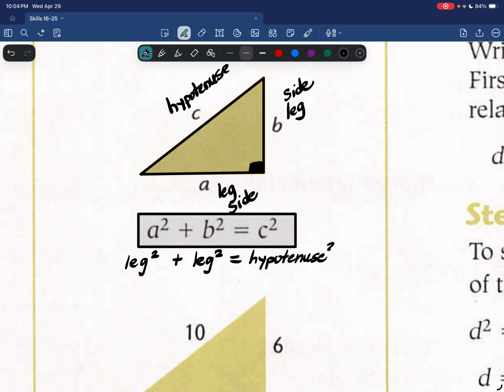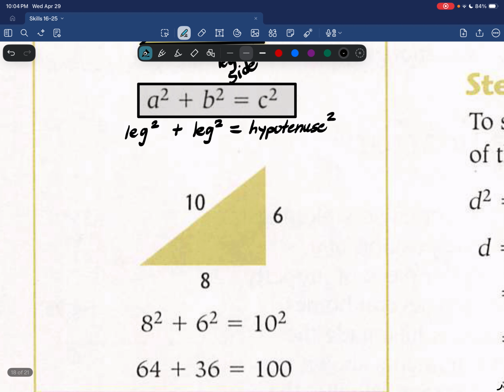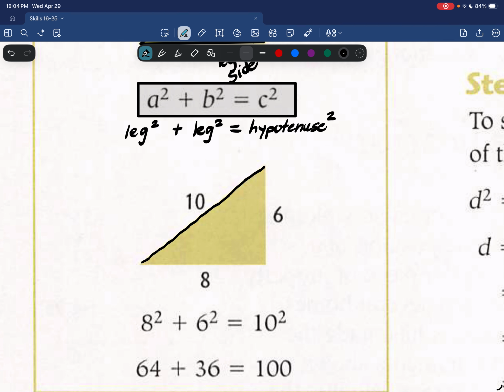And here's an example: 10, 8, and 6. So 10 is the hypotenuse. The legs are 6 and 8.